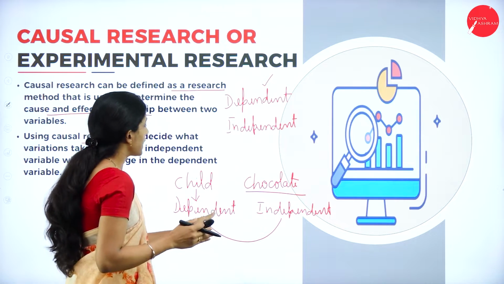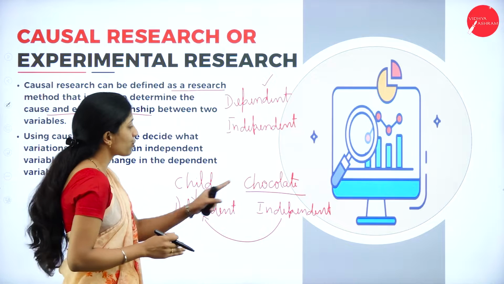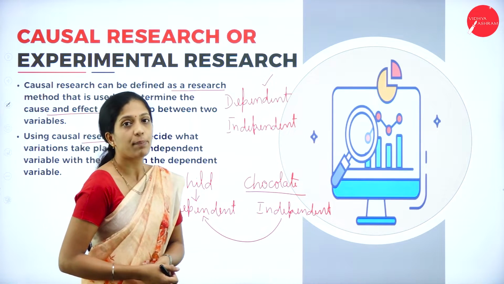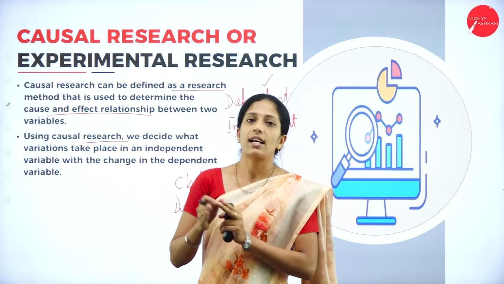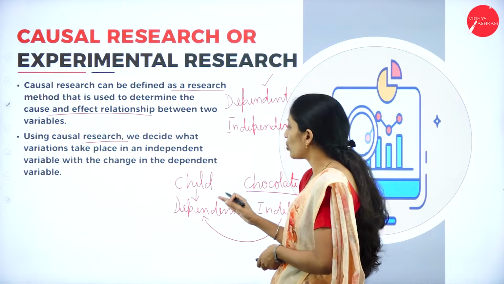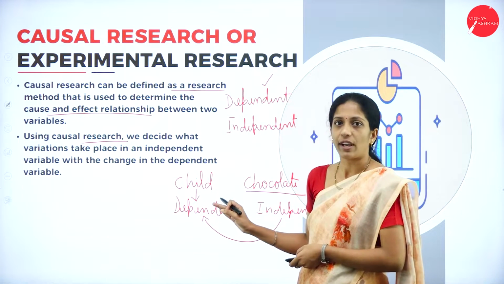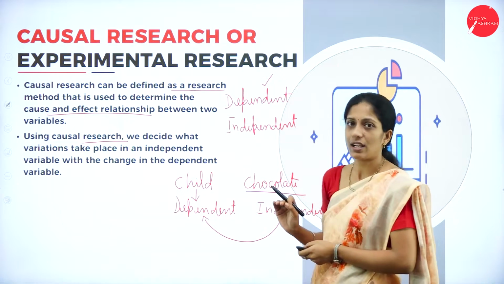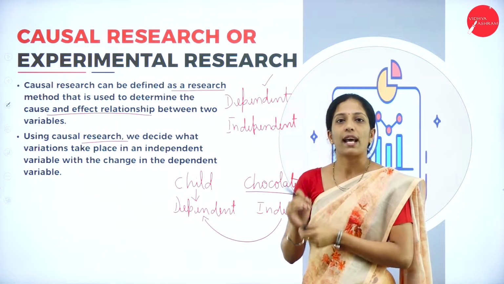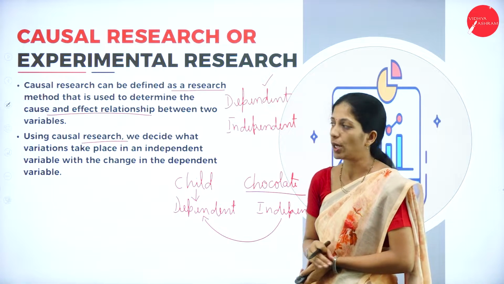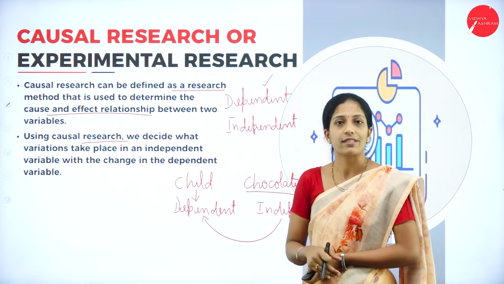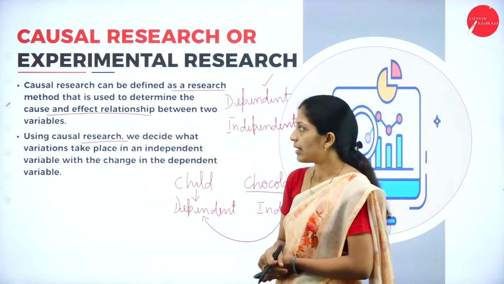Now the child is dependent on chocolate, so chocolate is called the independent variable and the child is called the dependent variable. Under this experimental or causal research, we are going to identify how the independent variable will affect the dependent variable. So it is called cause and effect relationship. Hope you got a clear picture of what causal research or experimental research is.